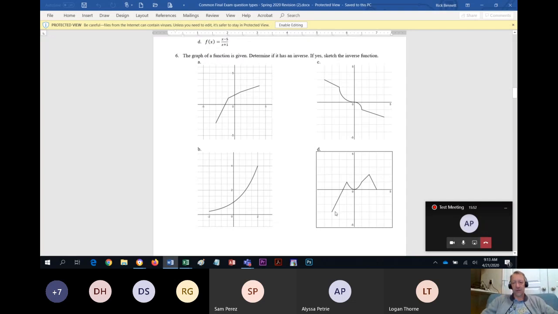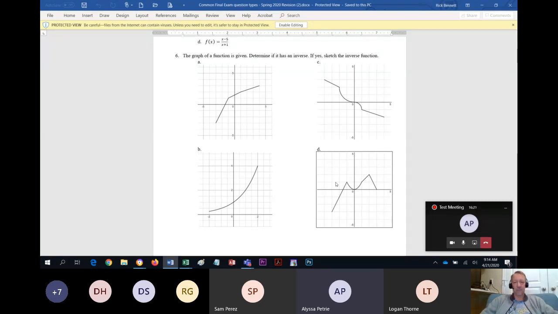It is one-to-one from about x equals -2 to about x equals -1/2, down here. But pretty much everywhere above the x-axis, it's not one-to-one. Okay? If it is one-to-one, does that mean it has an inverse? Yes.